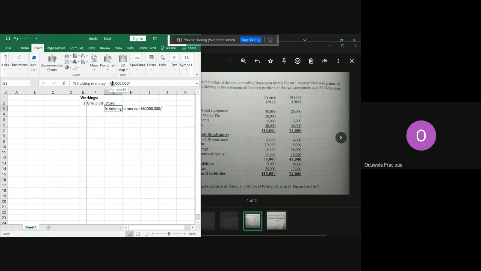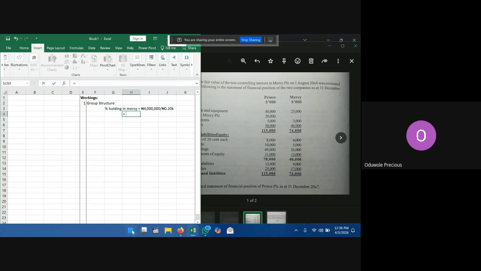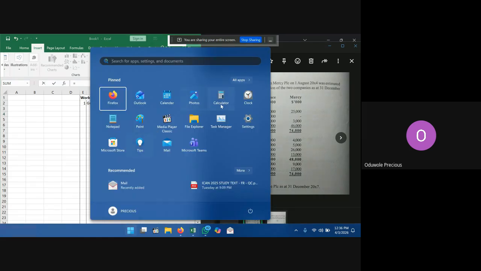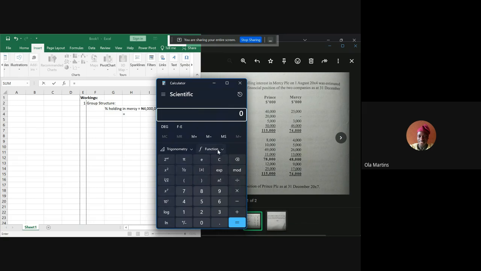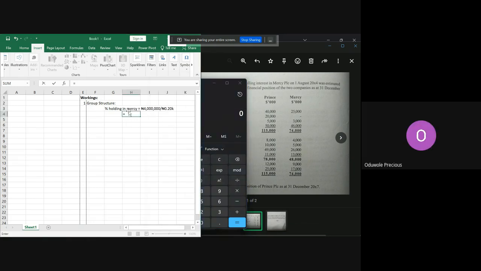That will now be 0 naira 20 kobo. That will be divided by 0 naira 20 kobo. So what will this now give us? Let's use the calculator. 20 million, right?